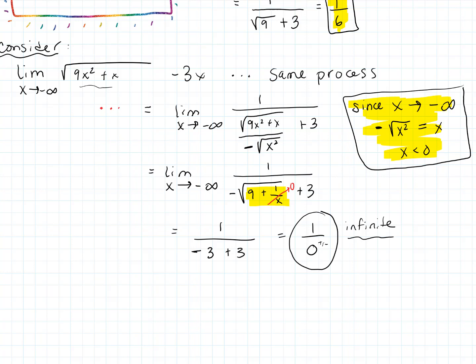And since it's negative infinity, this is going to be approaching 0 in a negative way. We're approaching 0, but we're slightly less than 0, meaning we're just slightly negative. So that means that this is negative 3 from the left, and this would be then 0 from the left, and we are actually getting a negative infinity.